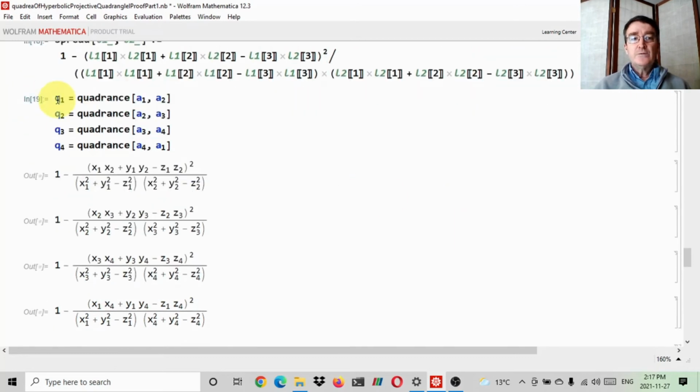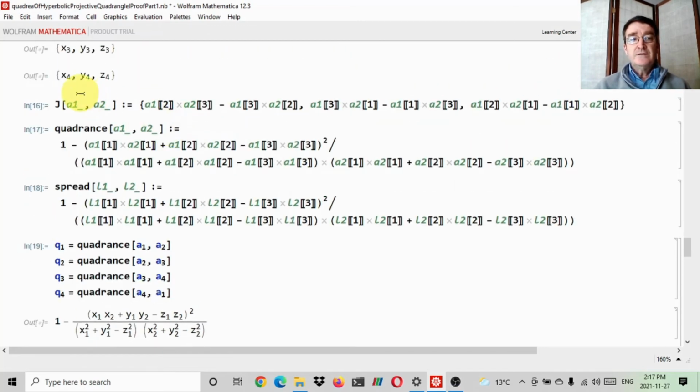So here we will call these functions we defined here to calculate the quadrances and spreads in terms of the x's, y's and z's. So Q1 is the quadrance between A1 and A2. Q2 is the quadrance between A2 and A3. Q3 is the quadrance between A3 and A4. And Q4 is the quadrance between A4 and A1.